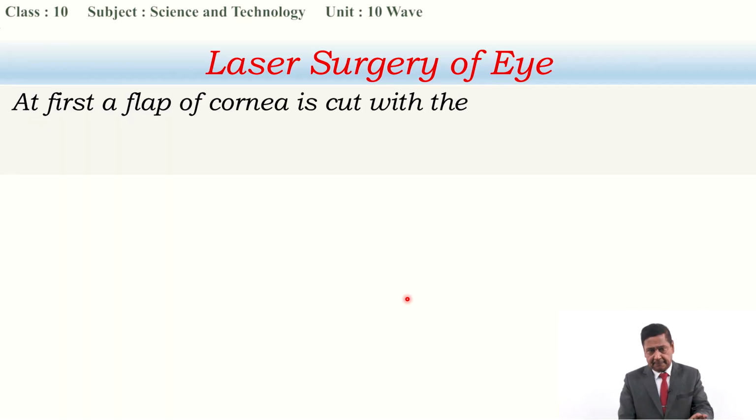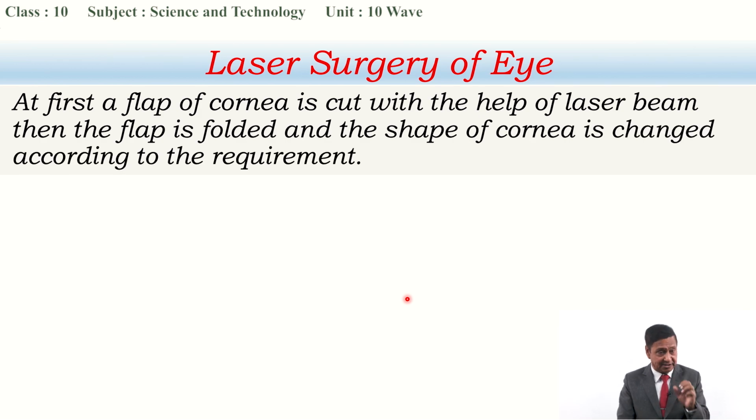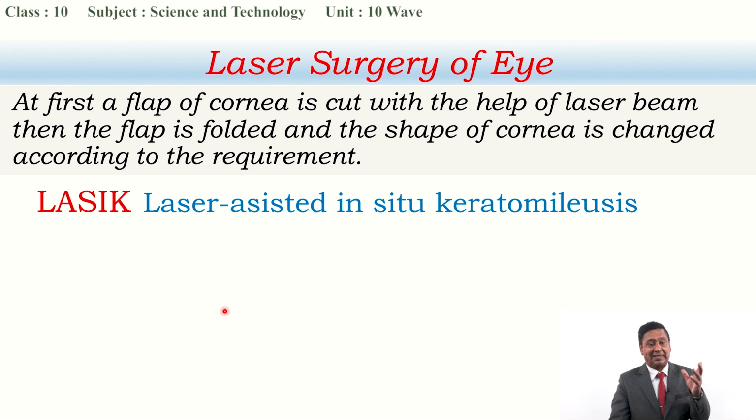Okay, at first a flap of the cornea is cut with the help of a laser beam. Then the flap is folded and the shape of the cornea is changed according to the requirement. And this process is called LASIK, laser assisted in situ keratomileusis. Look at this.